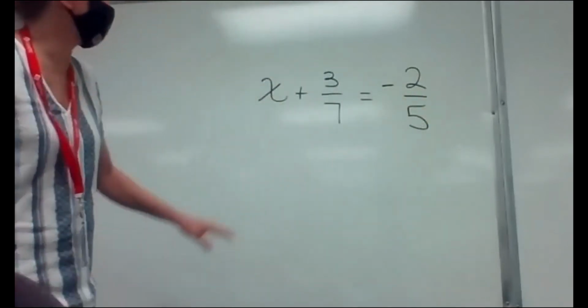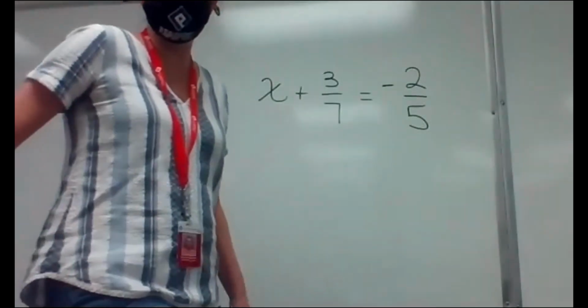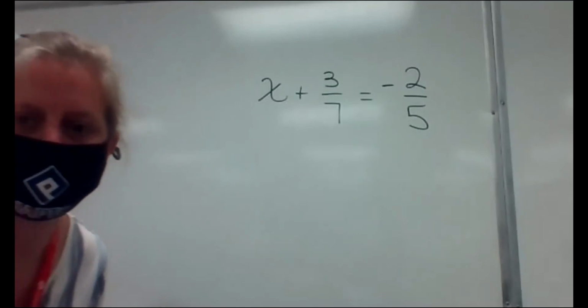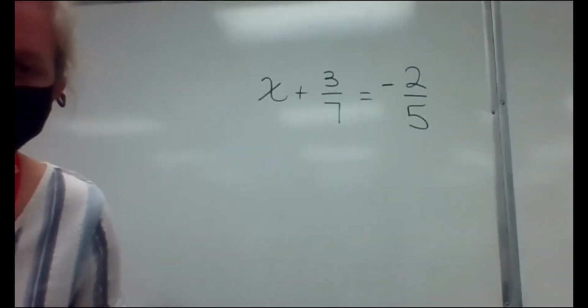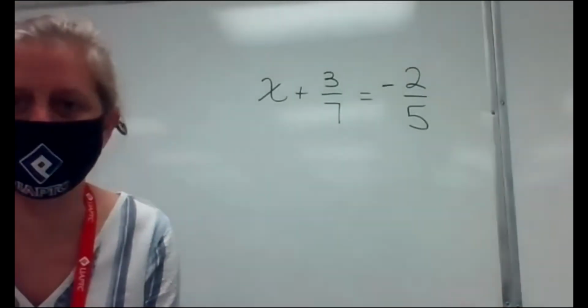Okay, so I'll just put that. So what you're going to do is subtract 3/7 from both sides. Oh, good, Mike. I'm glad you said that. So here's one to practice, but I am going to work it in just a second.